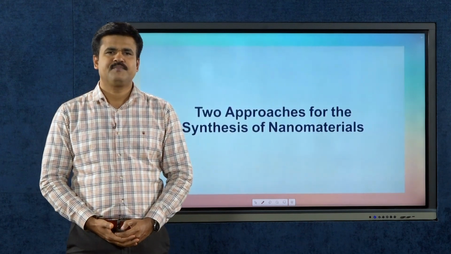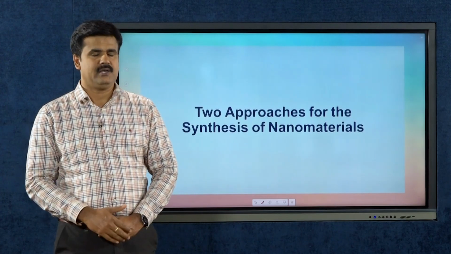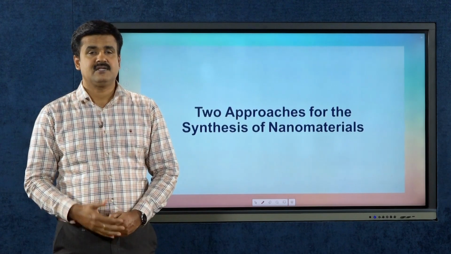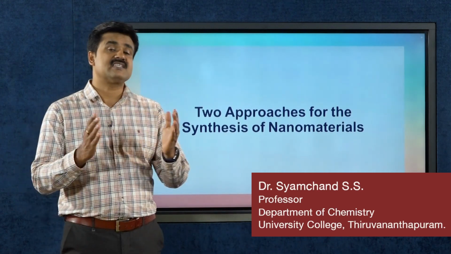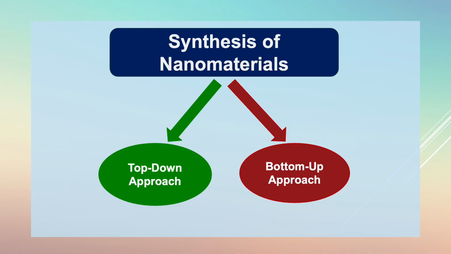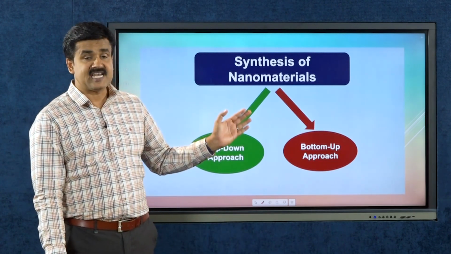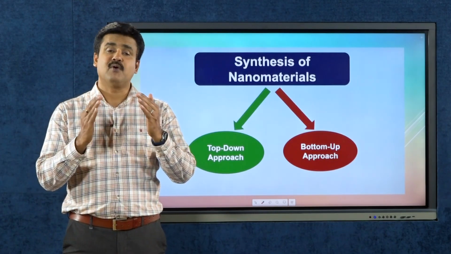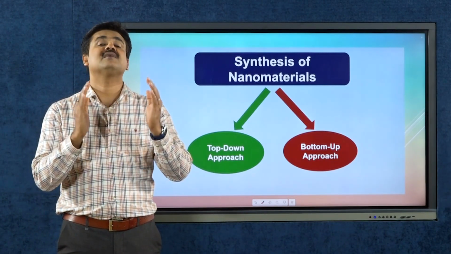First of all, two approaches for the synthesis of nanomaterials. In the last module, we have discussed two important synthetic approaches we adopted for the synthesis of nanomaterials. The two synthetic approaches are top-down and bottom-up. As the name indicates, in the top-down approach, we are beginning from a bulk material.